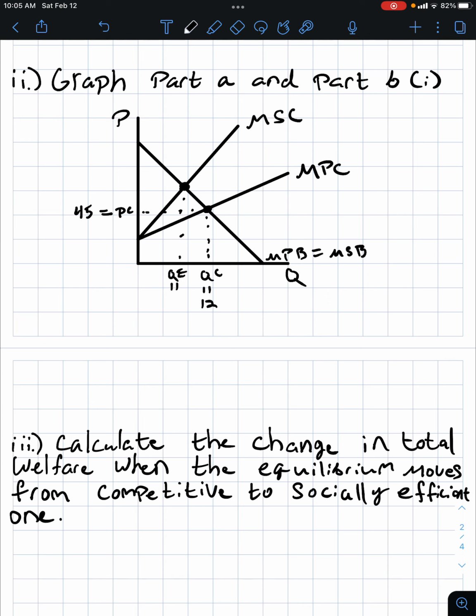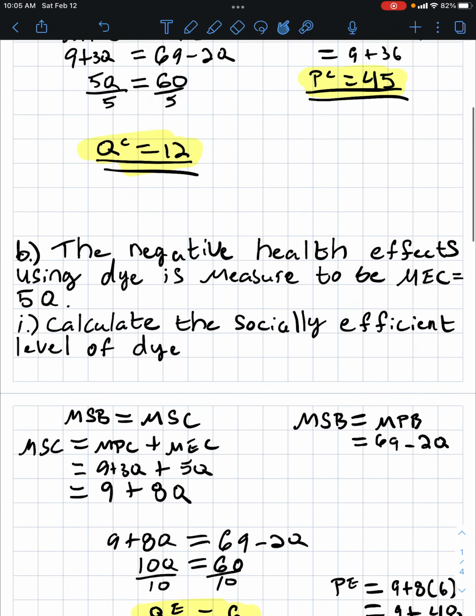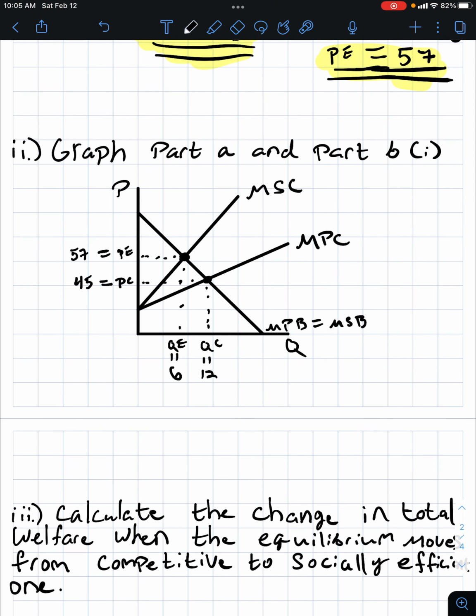So this right here is QE, which is equal to 6, and this point right here is PE, which is equal to 57. And then if we take this QC dotted line and extend it vertically to this point right here, we get labeled as C, E, B. This triangle right here will be our change in welfare.